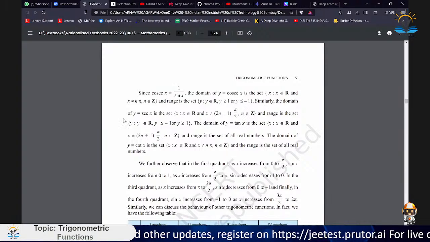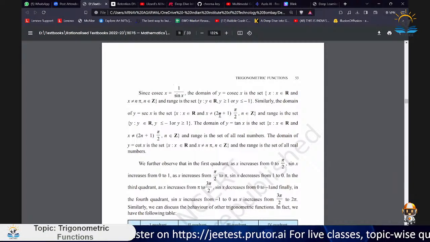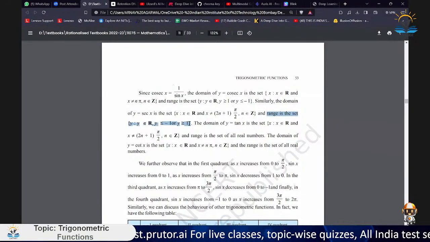Similarly, we can find the domain of sec x, which is all real numbers except odd multiples of pi by 2. And the range is again like cosec x, which is either less than or equal to -1, or greater than or equal to 1, right?